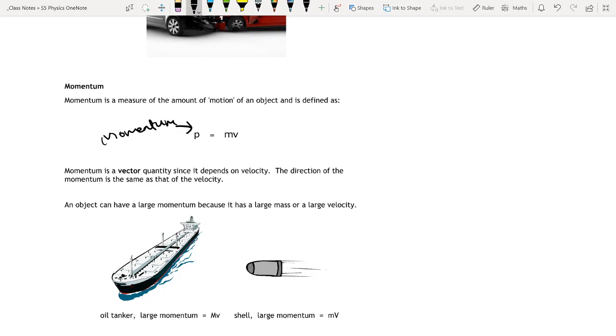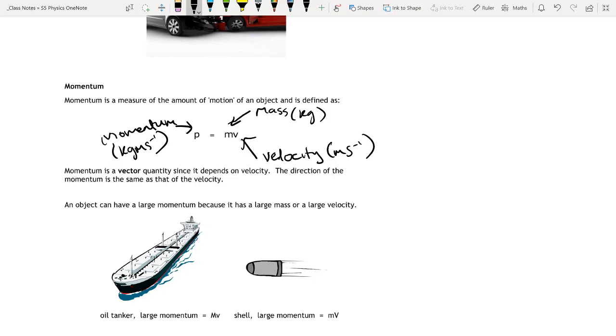Momentum units are kilogram meters per second, because momentum is mass times velocity, so it's the units of mass times the units of velocity. M is mass in kilograms, and V is velocity in meters per second.